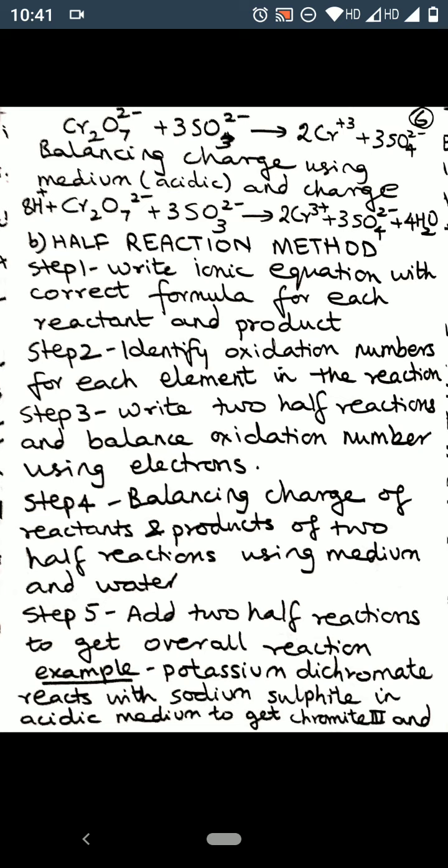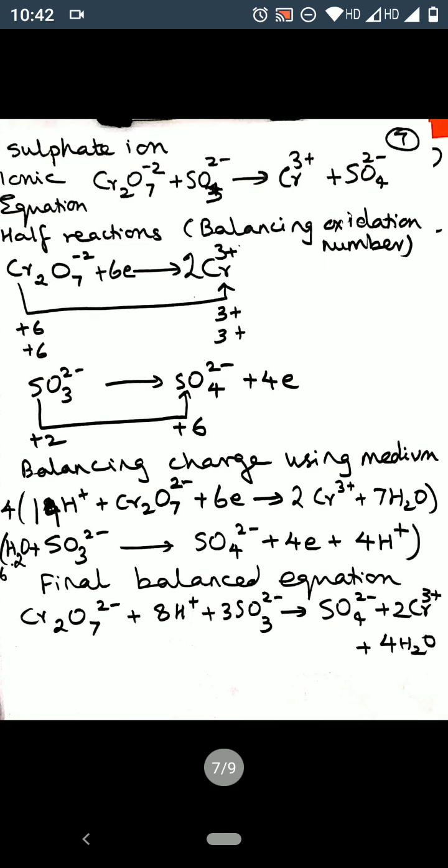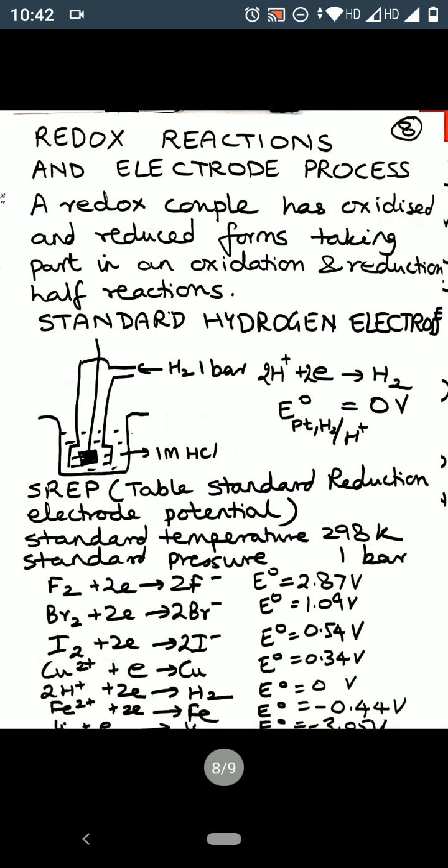Step 4, balancing of charge of the reactants using medium and water. Step 5, add the two half reactions to get the overall reaction. An example is done. First we have written the ionic equation, then two half cell reactions and then balance them.